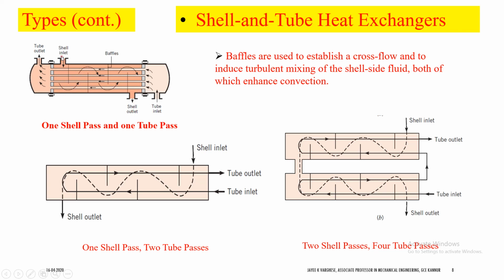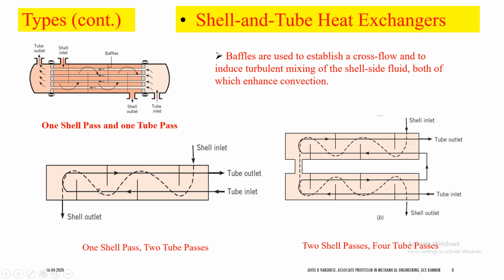But there is only one passage, as can be seen in this schematic diagram, whereas the tube fluid enters at the right end, at the right header, which is branched into different tubes, flows through the tubes, and goes out at the left end. So one shell pass and one tube pass.